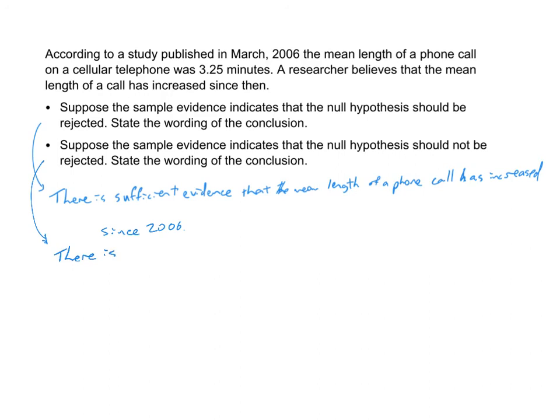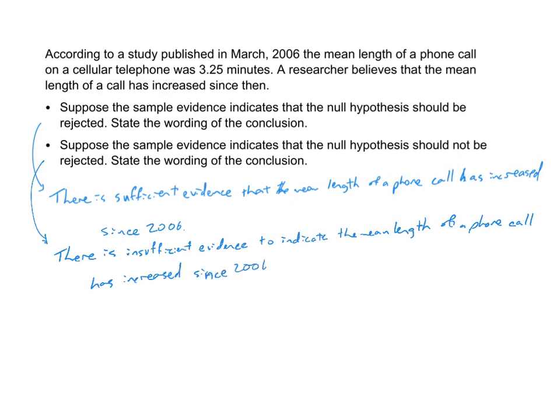There is insufficient evidence to indicate the mean length of a phone call has increased since 2006. Boom. There we go. If you don't like the words sufficient and insufficient, you can say there is enough or not enough. Okay, so there are two examples of the phrasing.